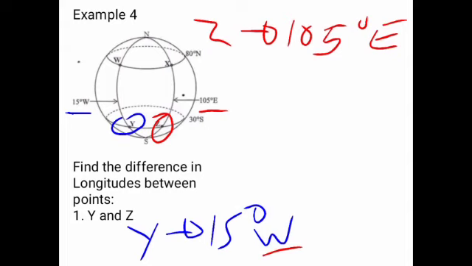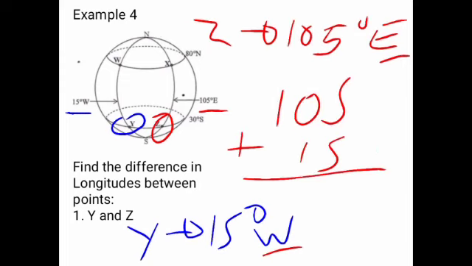So what does that tell you? It simply tells you that we need to add the two degrees. So what is 105 plus 15 degrees? That is going to give us 120 degrees difference. I hope you've understood how to calculate the differences in latitudes and longitudes.